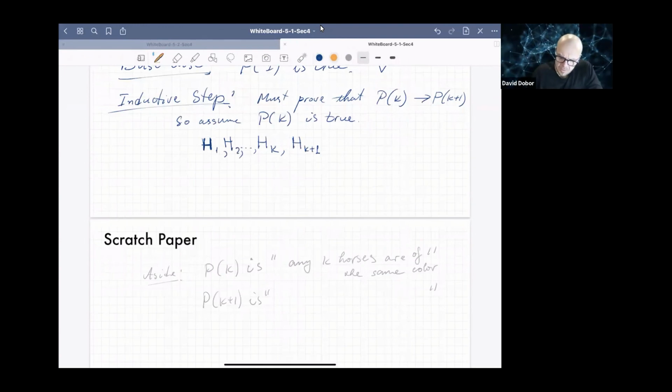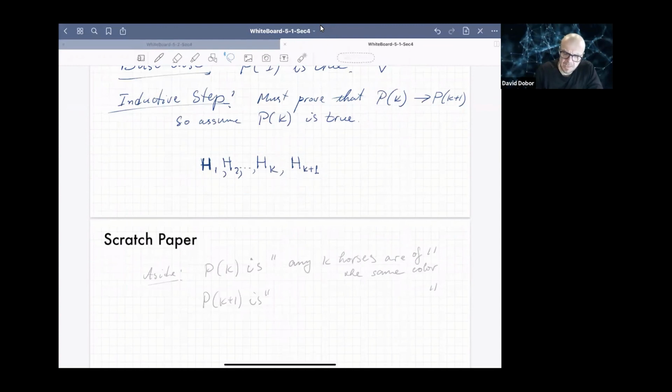According to my P of k, any k horses, like these k horses, are the same color, suppose yellow. These guys, because there are k of them, must be of the same color.